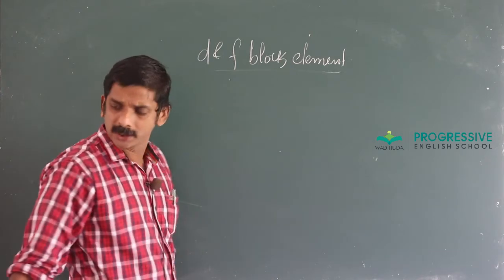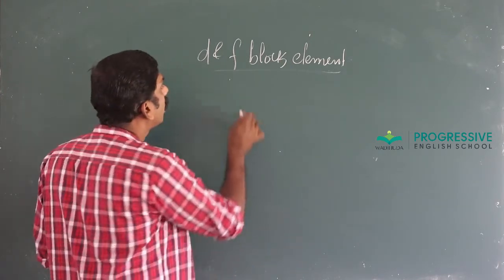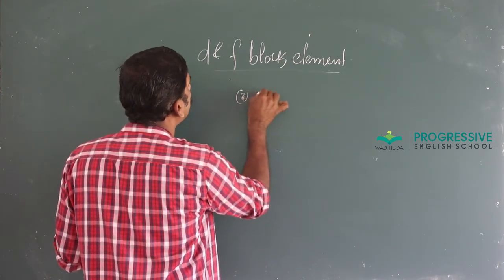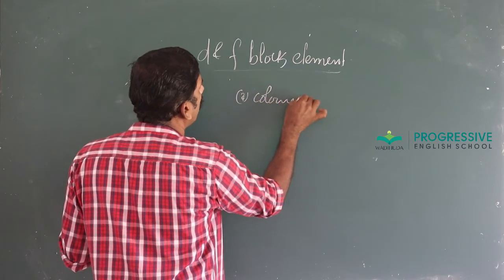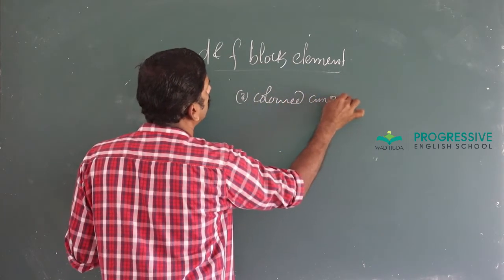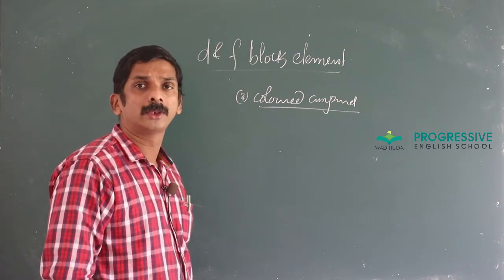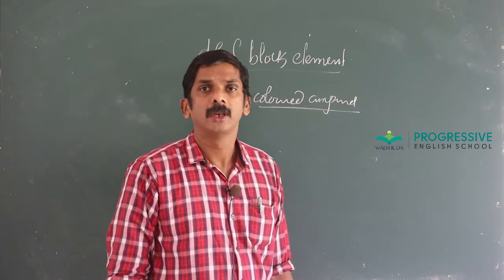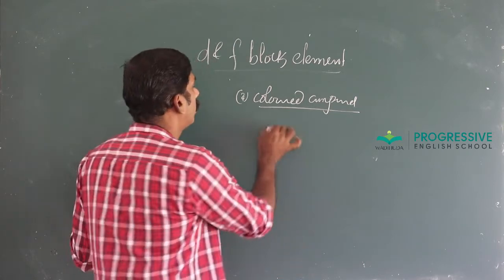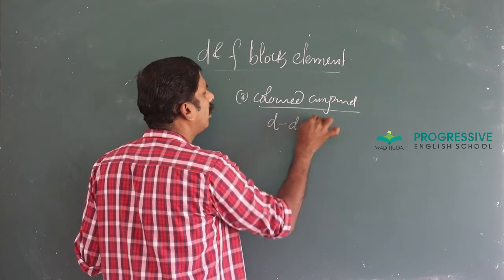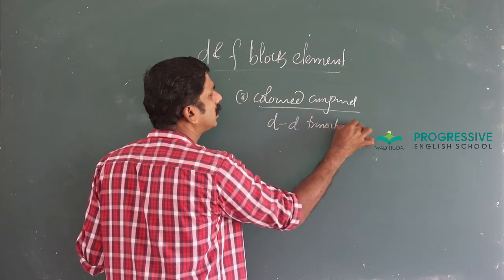And the next one is about colored compounds. Transition metals and their compounds are colored. The color is due to the phenomenon called d-d transition.